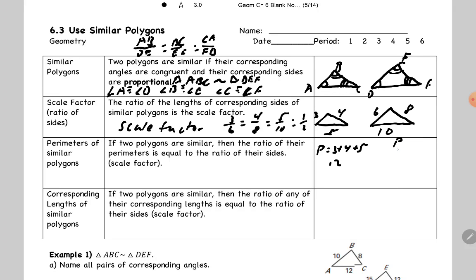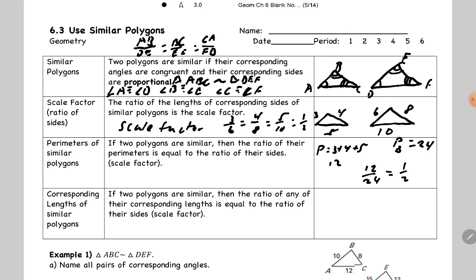And the perimeter of the big triangle, 6 plus 8 plus 10, is 24. Notice that 12 over 24 is also 1/2.